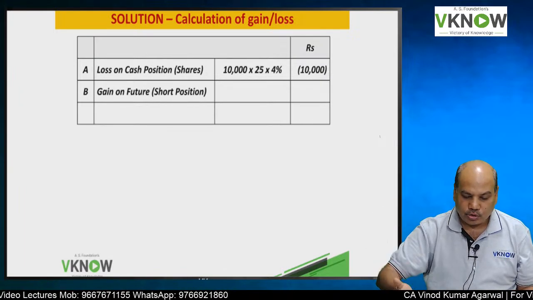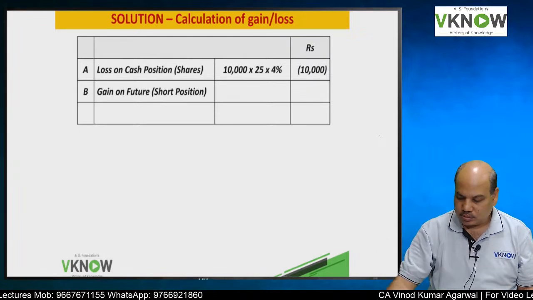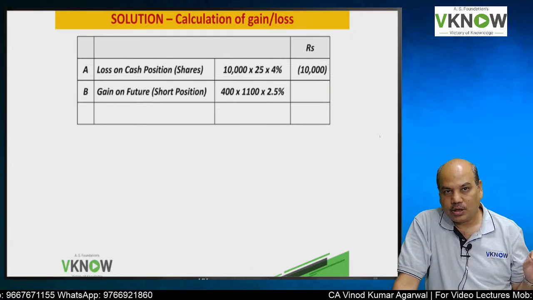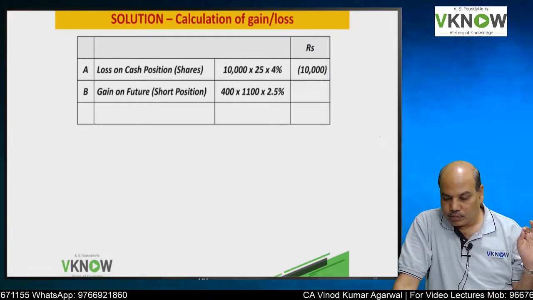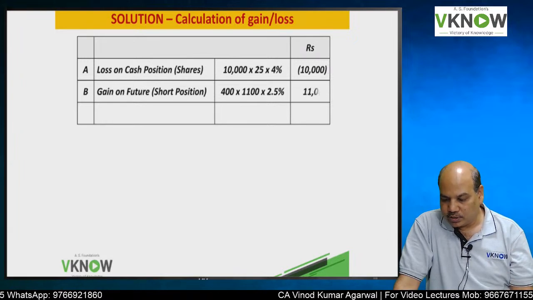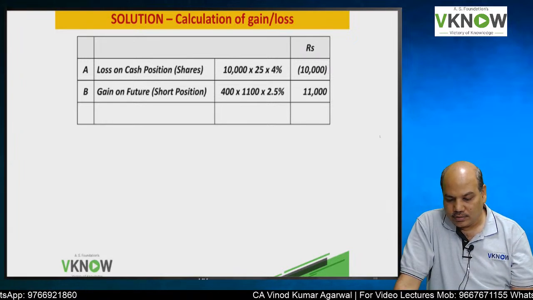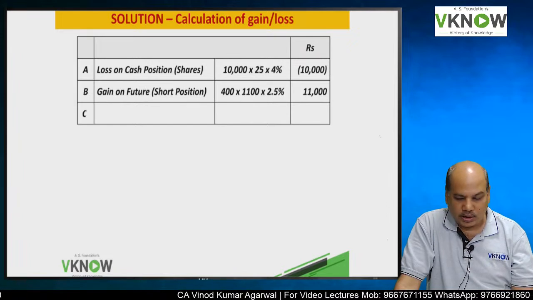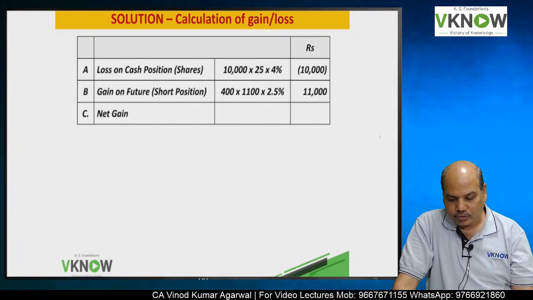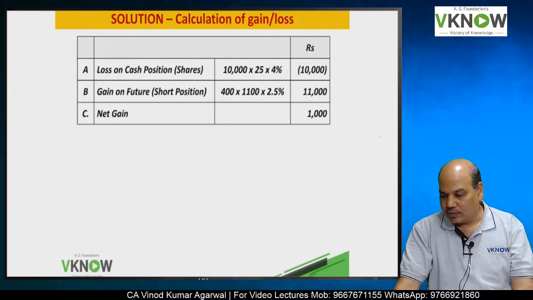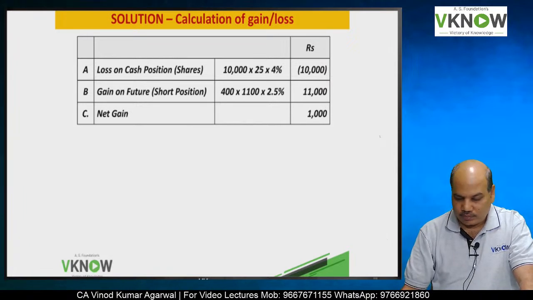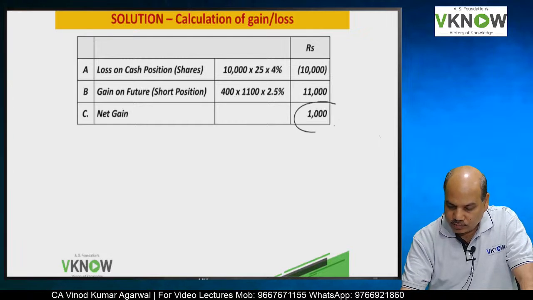If the future price goes down, you will have a gain because you are short on future. A short position holder gains if the price goes down. 400 into 1100 into 2.5%, so there is a gain of 11,000. So now the net gain is 1,000 rupees. Just three lines. The answer is over.